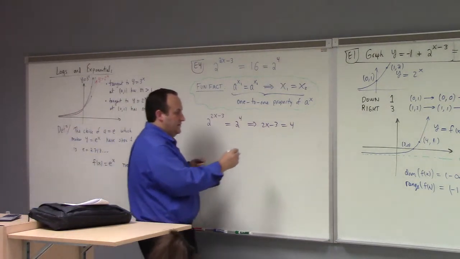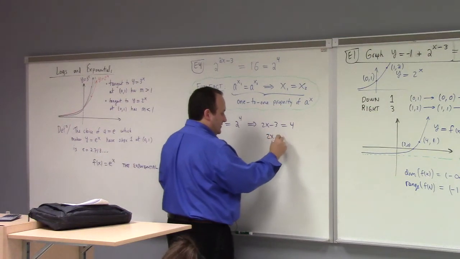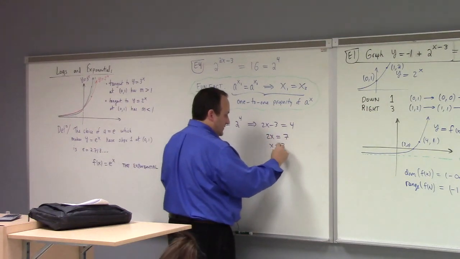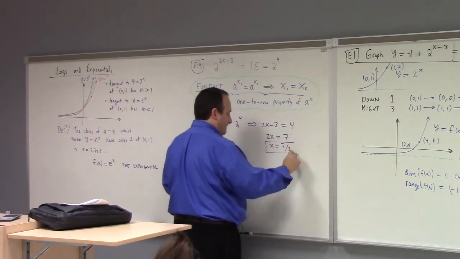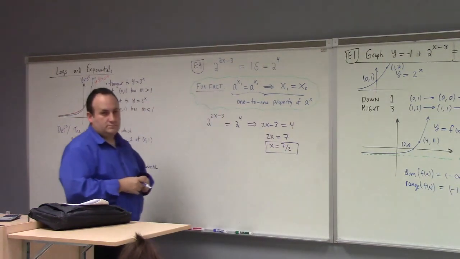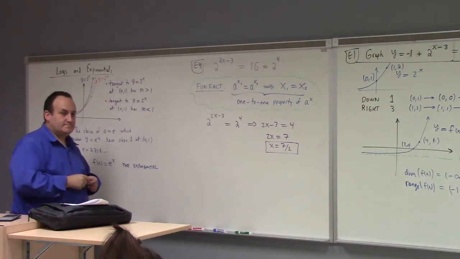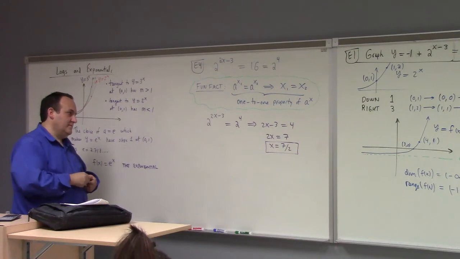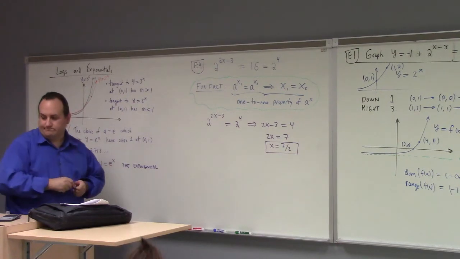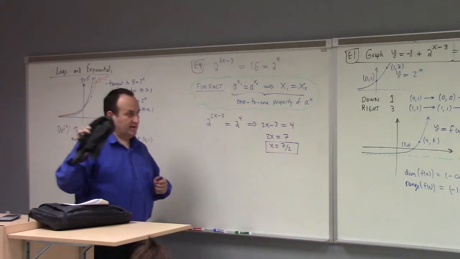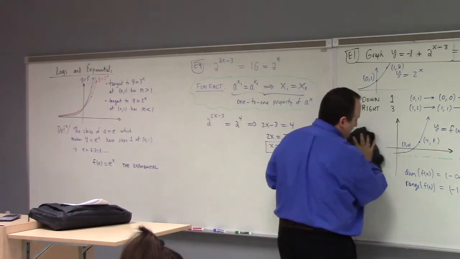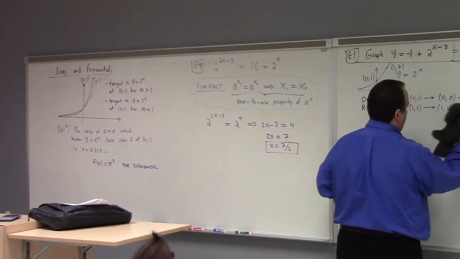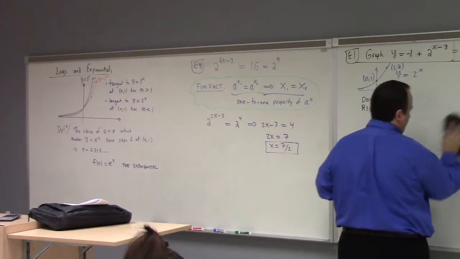So we get 2x equals 7, x equals 7/2. All right, so there are problems like this that we can work. Let me work another one here.